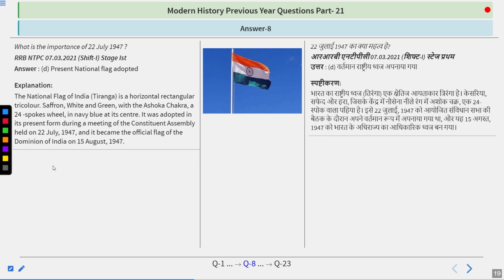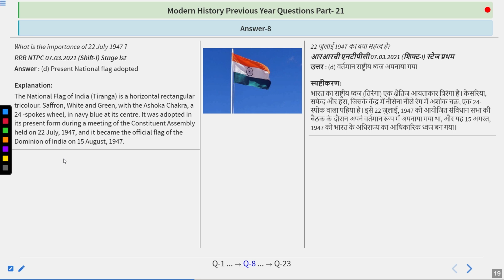So the national flag of India, that is Tiranga, is a horizontal rectangular tricolor, saffron, white and green, with the Ashoka Chakra, a 24 spokes wheel in navy blue at its center. It was adopted in its present form during the meeting of the Constituent Assembly held on 22nd July 1947, and it became the official flag of the Dominion of India on 15th August 1947.